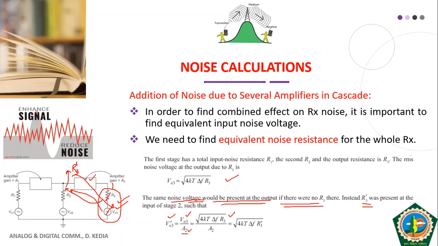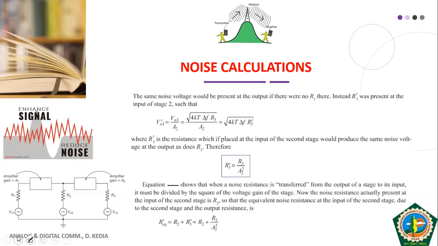We have substituted the value of Vn3 and taken this A2 inside the square root, and we get R3 dash. If you take A2 inside the root, we get R3 dash equal to R3 by A2 square.